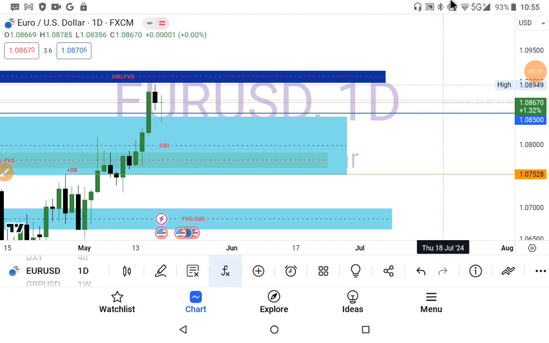So on Euro USD, last week we were interested. Sorry, let me rephrase that. I was interested in the last 2 weeks, I think that was the basis, in 1.08500.